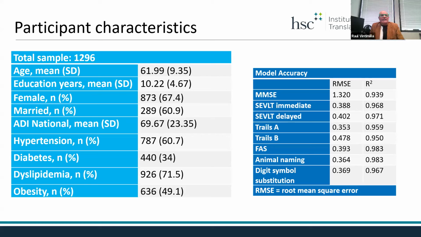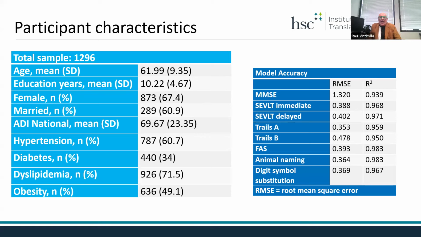The Area Deprivation Index rank goes from 0 to 100, and the higher the value, the more deprived the neighborhood. So really, 60% of our Mexican American cohort live in the most deprived neighborhoods. And that's something very important to take into consideration.